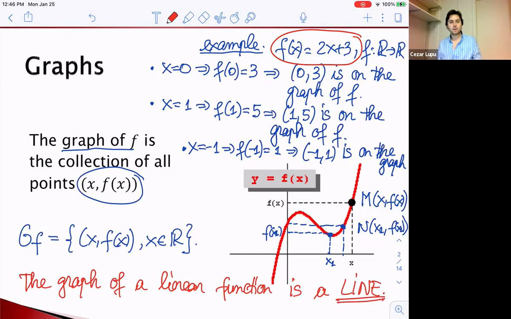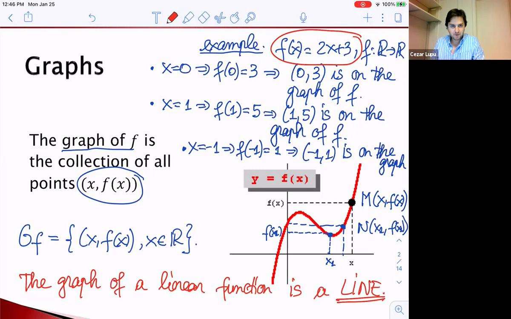If you look at this picture here, this red one, this is not a linear function. You see, it goes up at some point, it goes down, and then goes up. Just by looking at the graph, you can say that the function is rising, then falling.